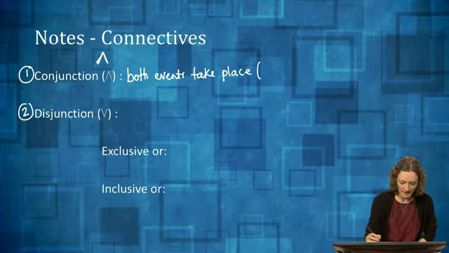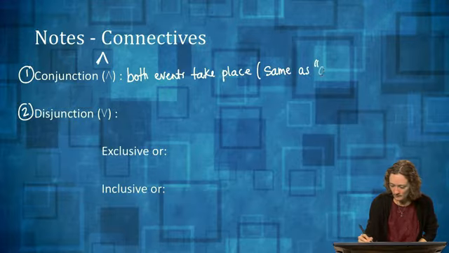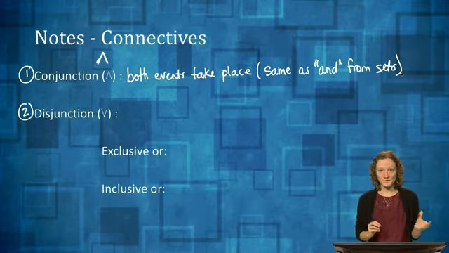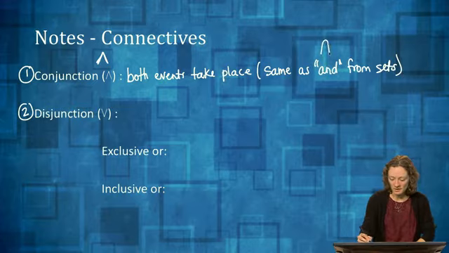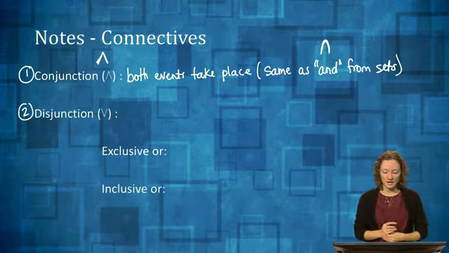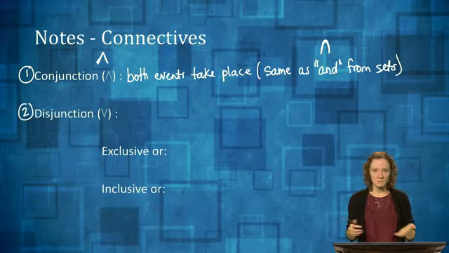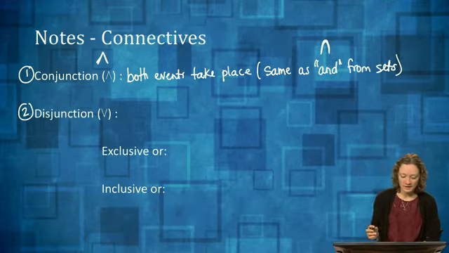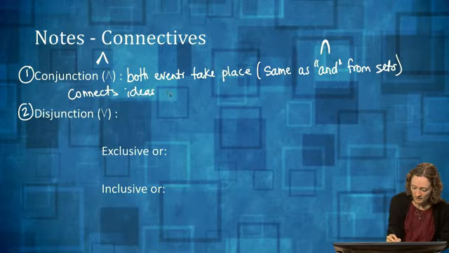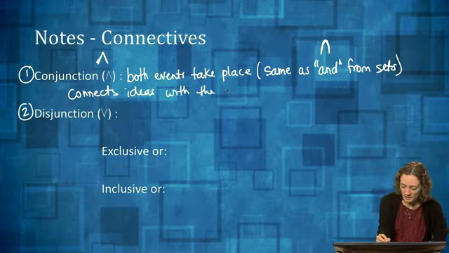And it translates to and. Good news. Remember, the symbol for and in sets was an upside down U. Here in logic, it's a V instead, upside down V. So they both carry the same weight, the same kind of idea. Conjunction connects, let's add that as a note also. Connects ideas with the word and.